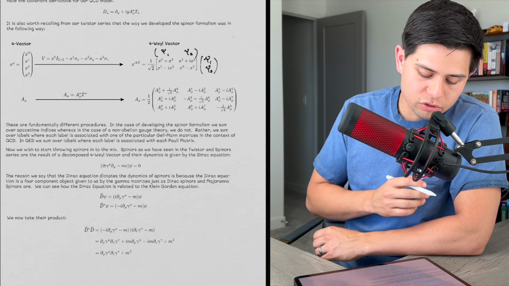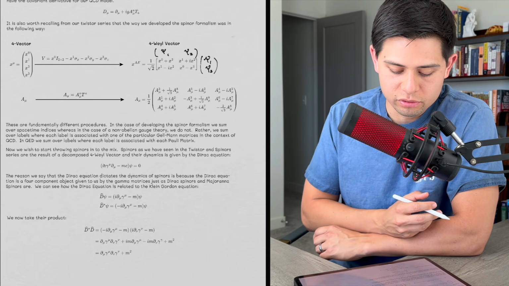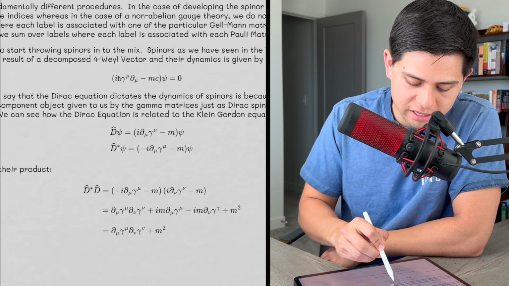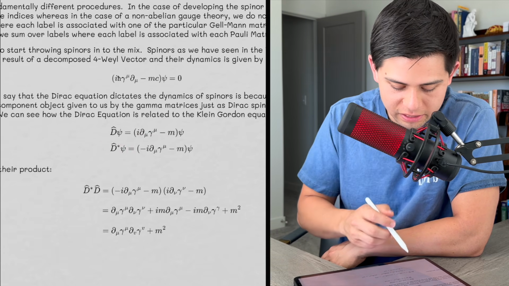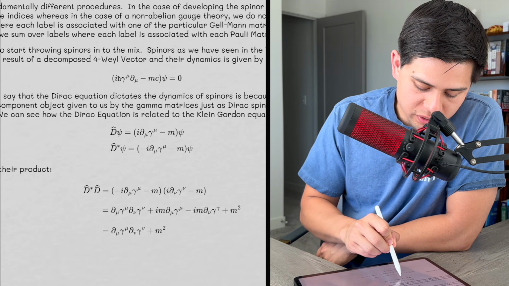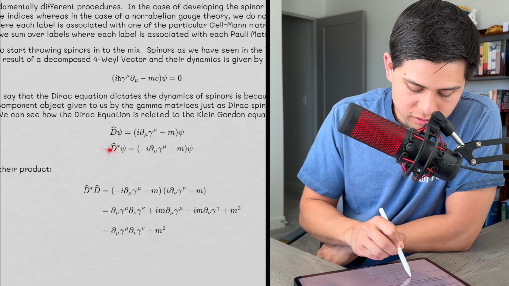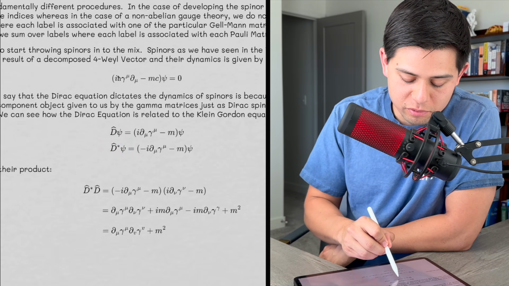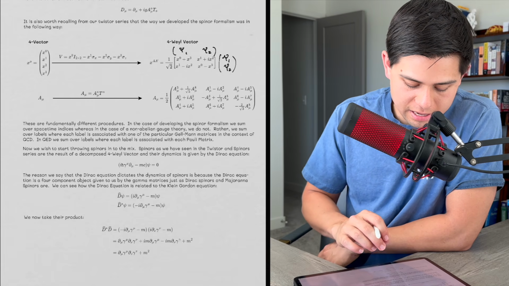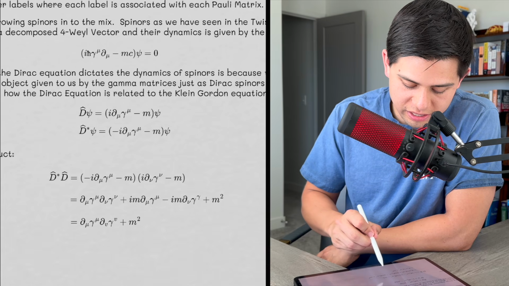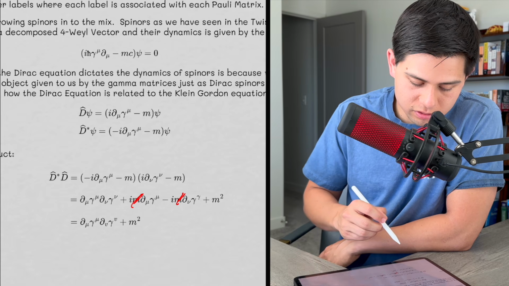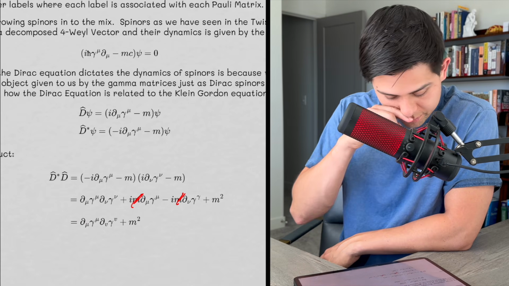So we can see how the Dirac equation is related to the Klein-Gordon equation, and this is going to be interesting to note. If we define this Dirac operator in this way, we can also define its adjoint. The adjoint of the Dirac operator is just the complex conjugate here. When we take their product, these guys get canceled out, and we get this guy right here.